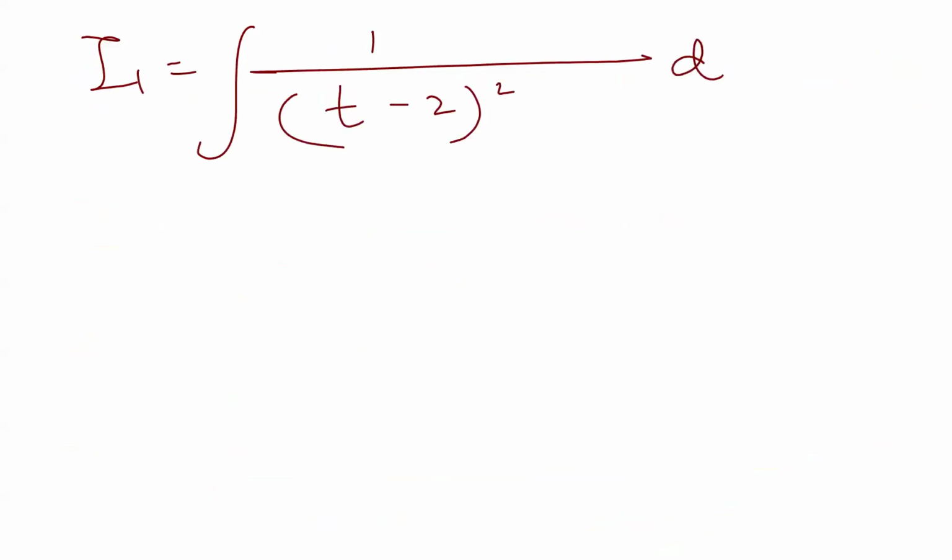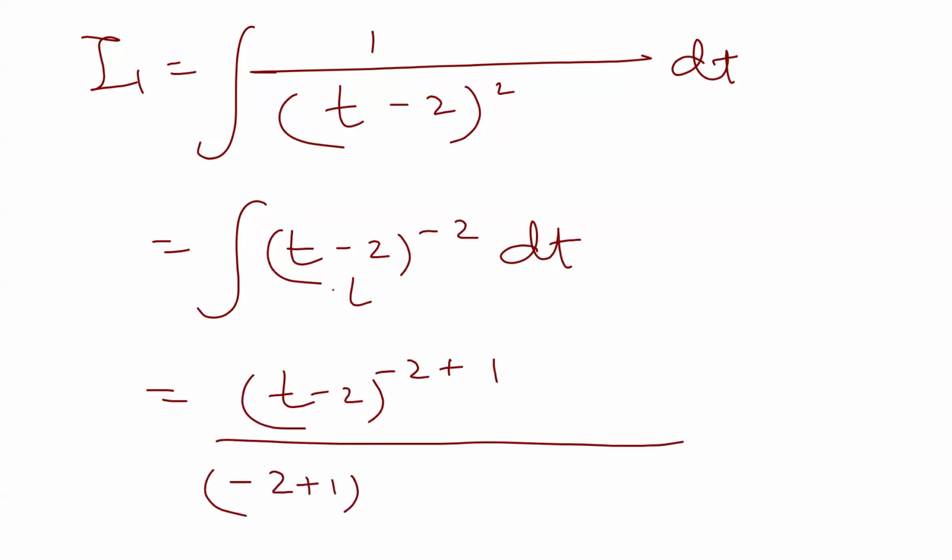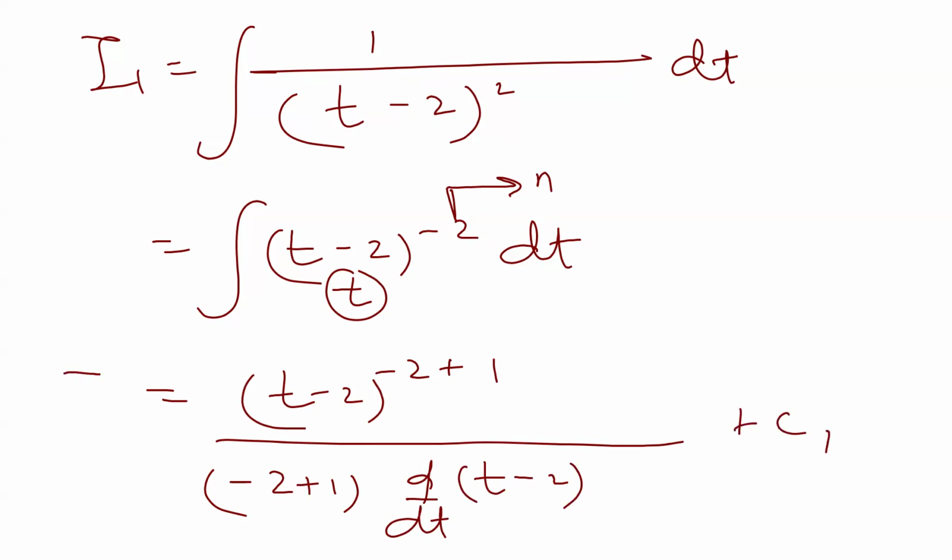So I1 is the integral of 1 upon t minus 2 the whole square dt. So t minus 2 raised to minus 2 dt. Using x raised to n, the integral is x raised to n plus 1 upon n plus 1. So this is t minus 2 and this is n. The derivative of t minus 2 will also come, plus c1, because of the chain rule, and the derivative part comes in the denominator for the integration.